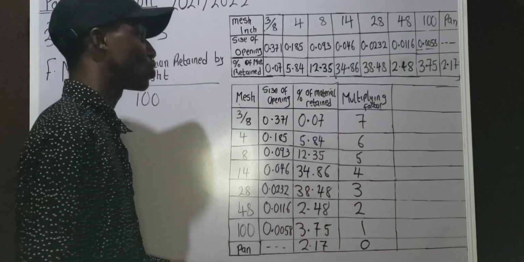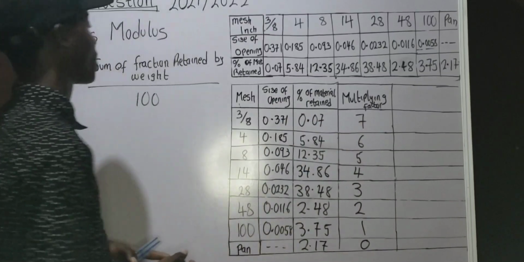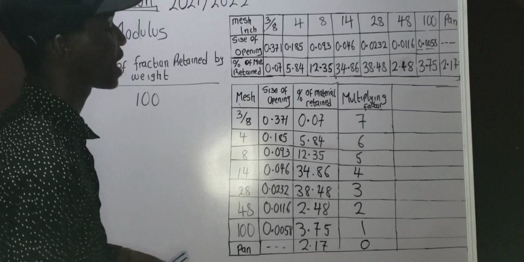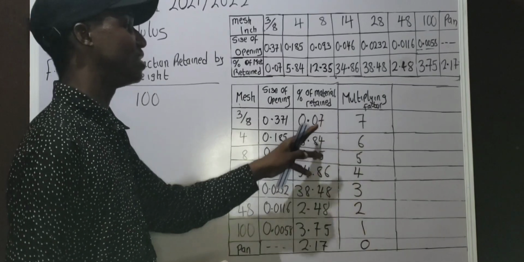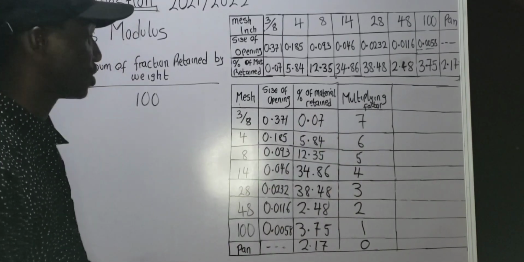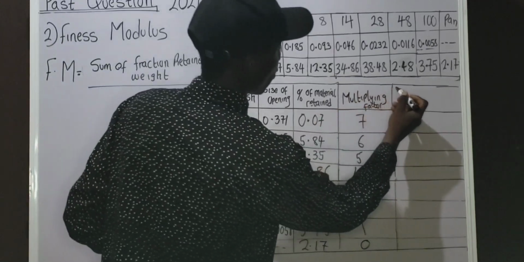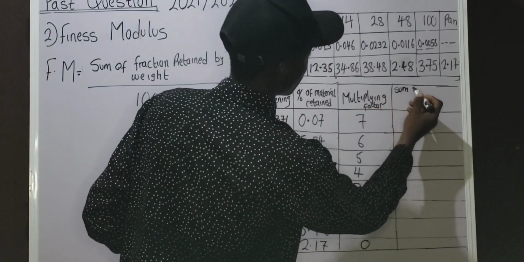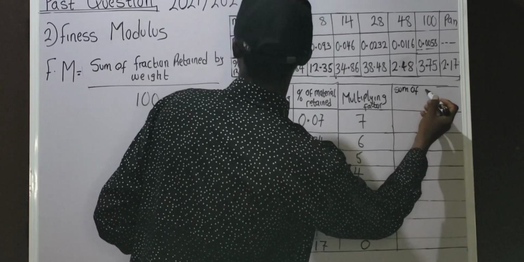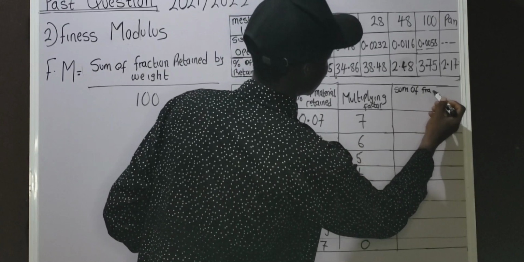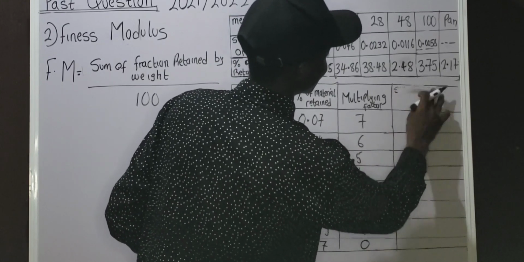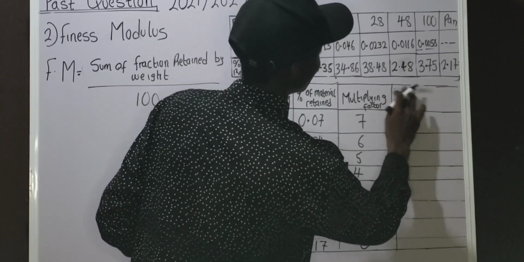Now, in order to get the sum of fraction retained by weight, I'm going to multiply the multiplying factor by the percentage of material retained. Let me put this: this column should be fraction retained by weight.